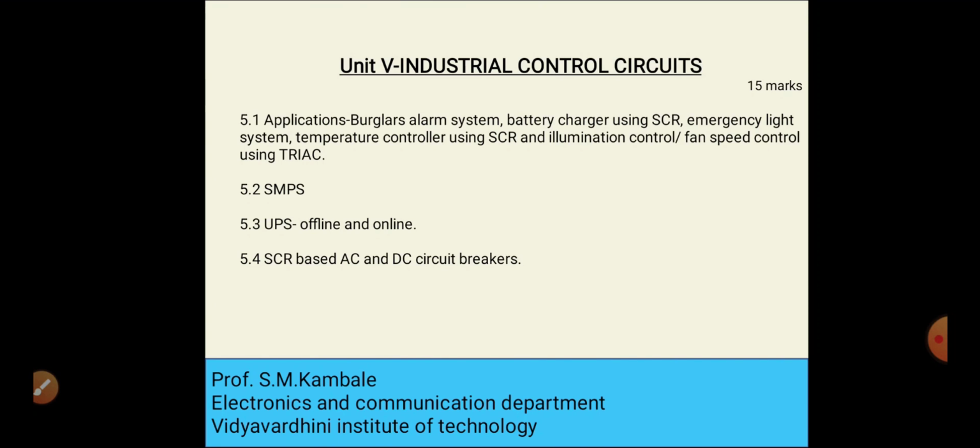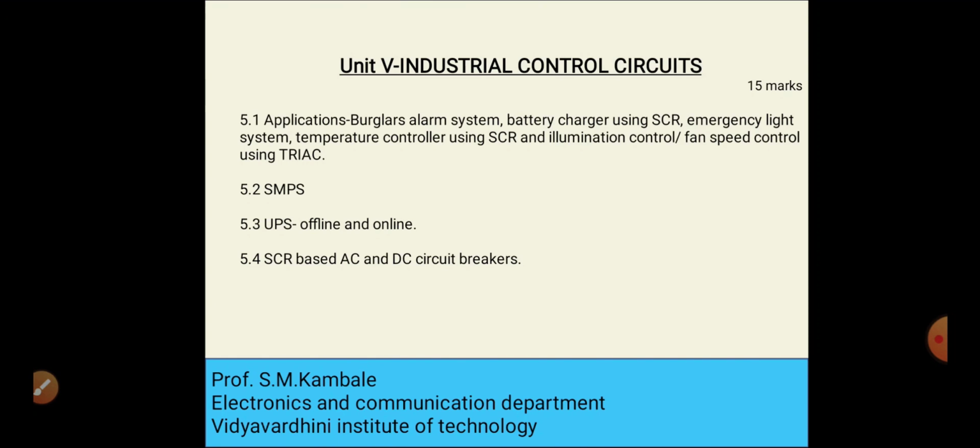Second is the battery charger using SCR. Consider a voltage of 15 volt. If the 15 volt decreases, then the SCR turns on and charges the battery, so that this 15 volt is maintained, which is called a battery charger using SCR.